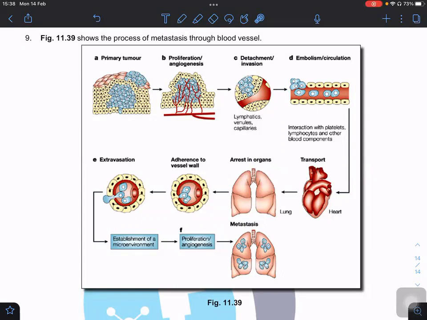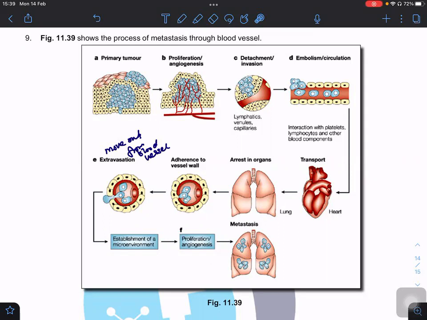They arise in the organ and start to adhere to the vessel wall. Then you have extravasation, meaning they move out from the blood vessel. When they move out of the blood vessel, they attach, start to proliferate and cause angiogenesis. So metastasis takes place. This normally happens at the late stage.